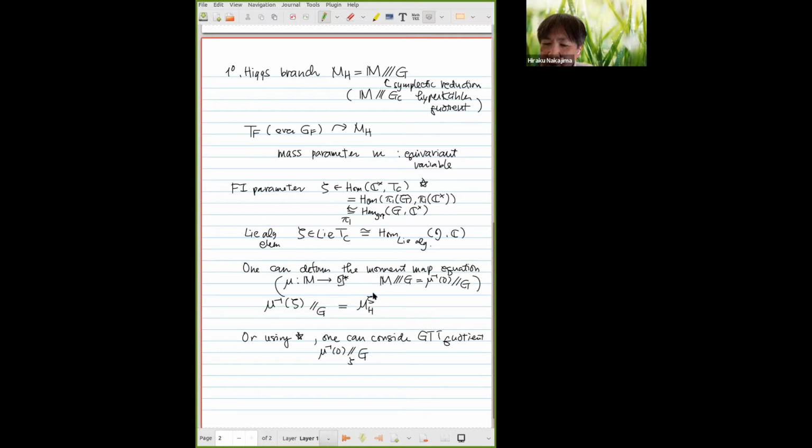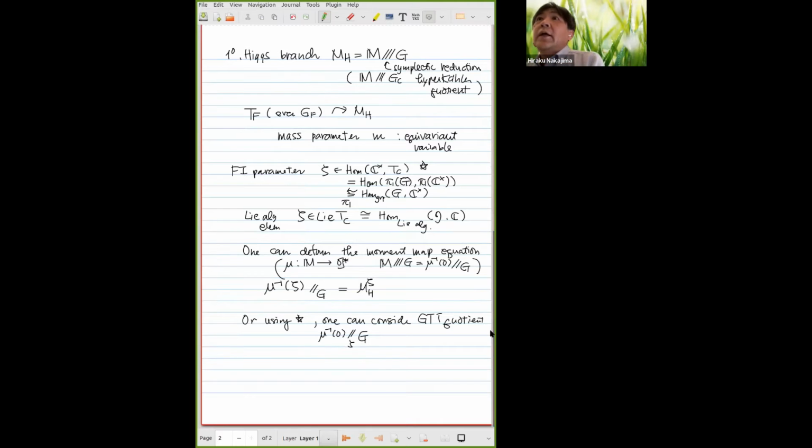You can regard zeta as an imaginary quaternion valued element, tensored with the center of the real algebra, and you can take the hyperkähler quotient.